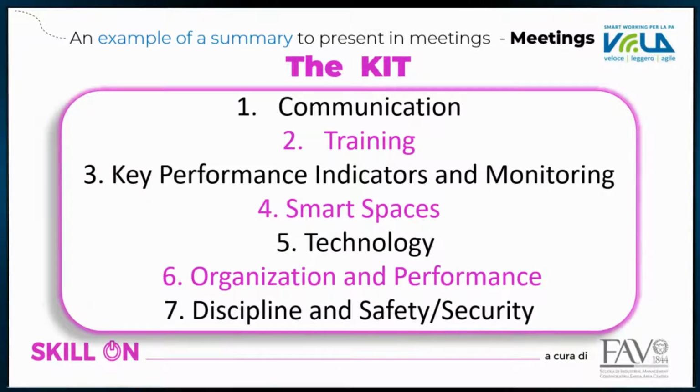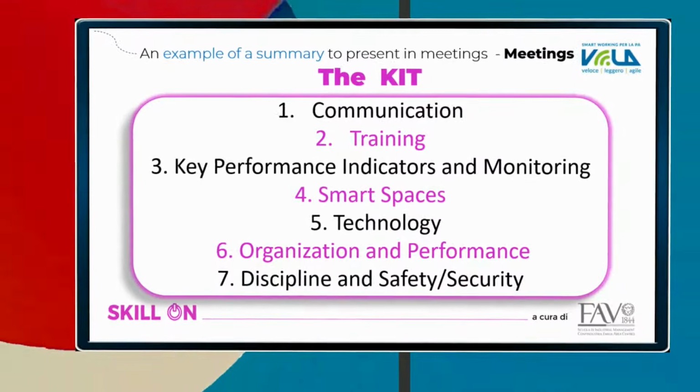And here, the kit, communication, training, these are all part of the reuse kit, which is rolled out to other public administrations to help them, those who would like to adopt this method of working.